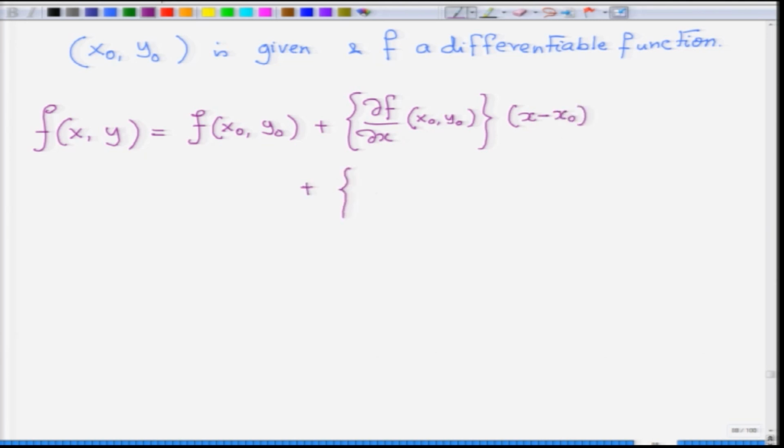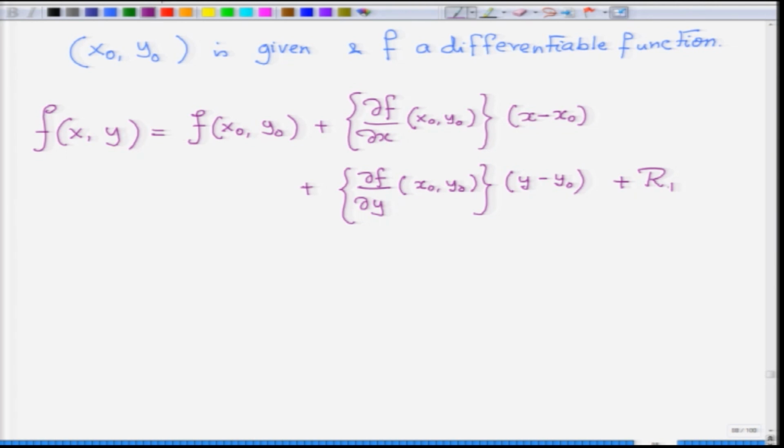plus del f del y, this is actually an outcome of the chain rule, del f del y at x naught, y naught, multiplied with y minus y naught, plus the error R1.